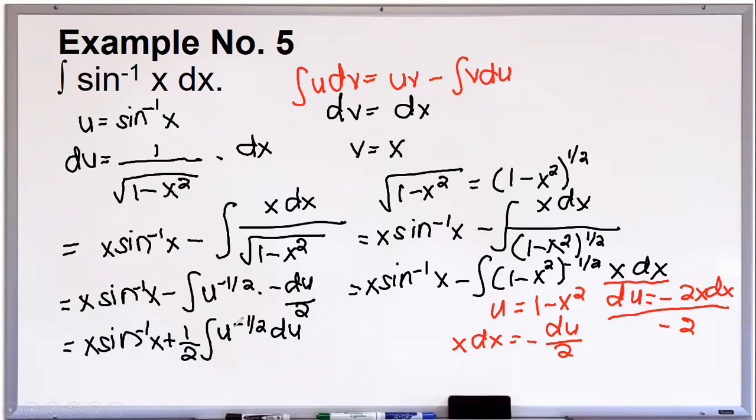So, gagamitin natin yung power formula. Diba, ano nga ulit yun? Integral of u raised to n du, which is equal to u raised to n plus 1 over n plus 1 plus c kung saan ang n mo dito ay hindi dapat mag-equal to negative 1.